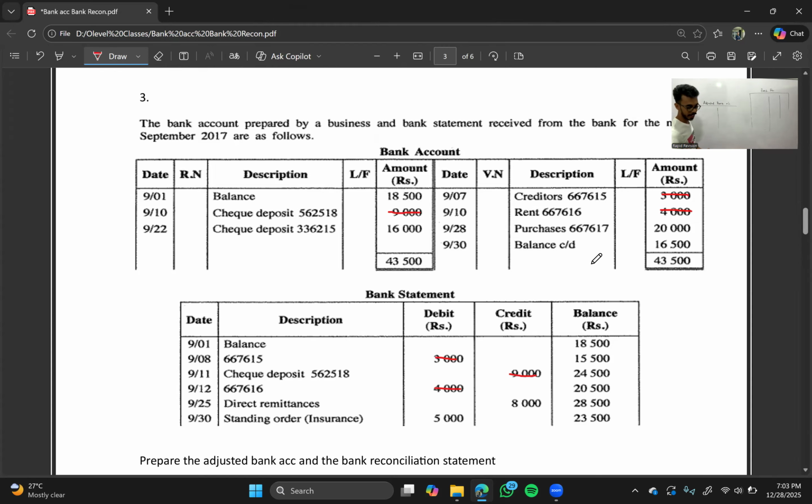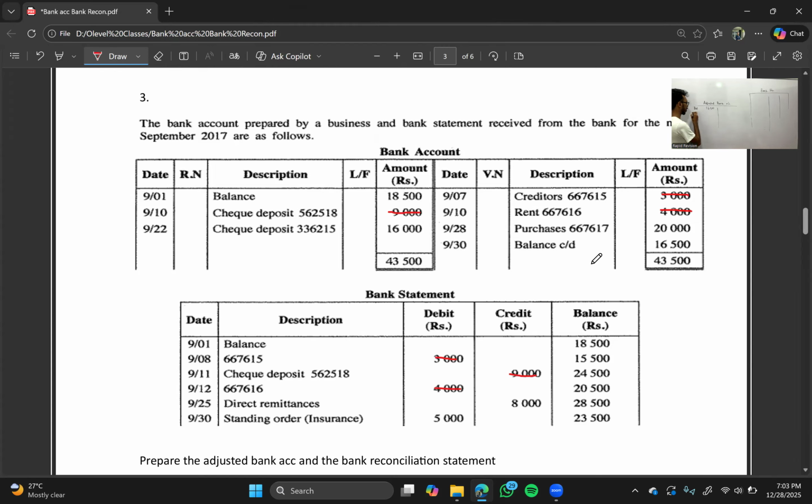So balance 18,500. Take that balance to the adjusted bank book. Sorry, not 18,500. This one, 16,500. For this 16,500, we have to get the items which are in the bank statement. You can find there's a direct remittance and a standing order.